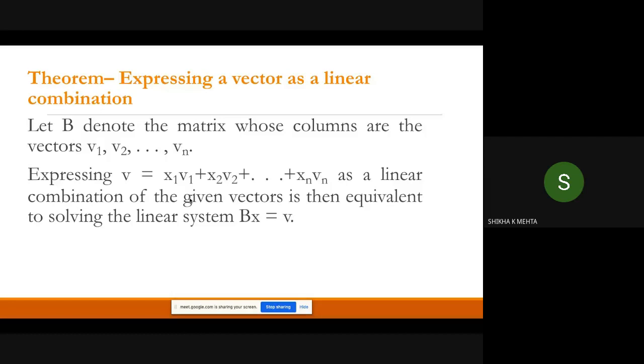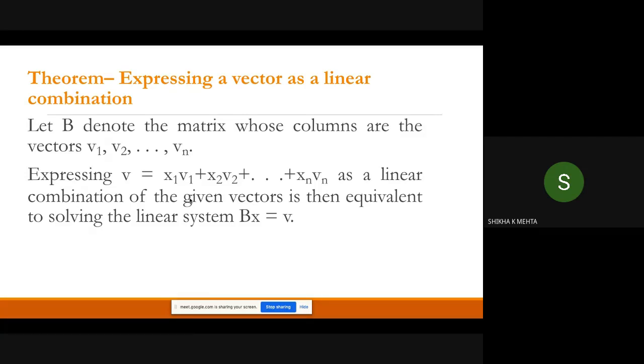So when we write your vector as a linear combination in the form of a theorem, we say let B denote a matrix whose columns are the vectors. We have seen, when we were finding the values of the scalars, that we represented them in the form of linear equations, and these linear equations are further expressed in the form of a matrix.